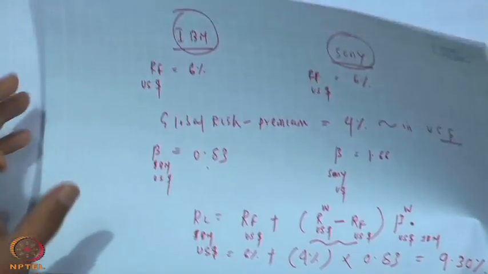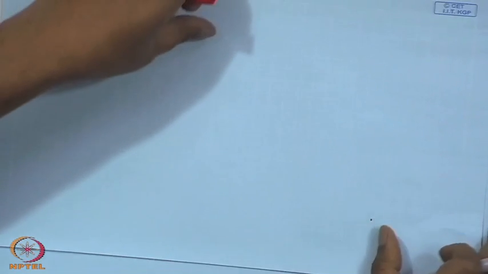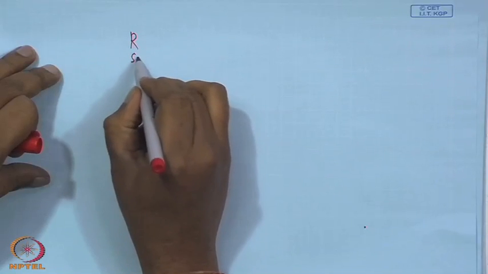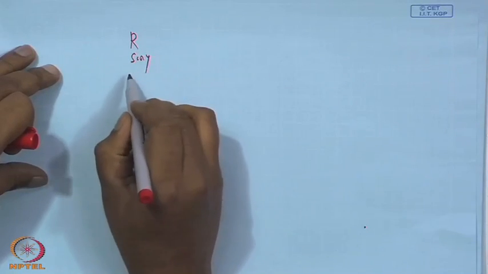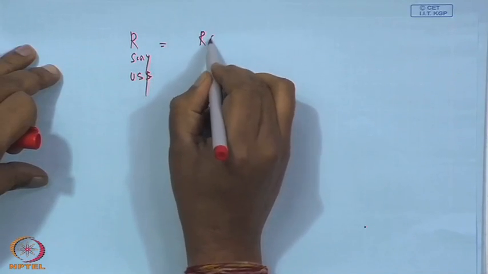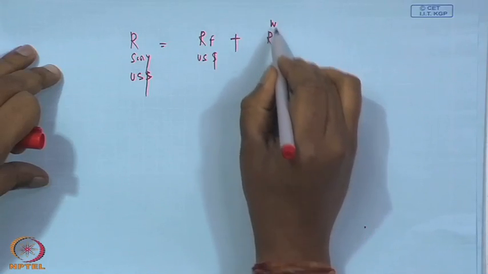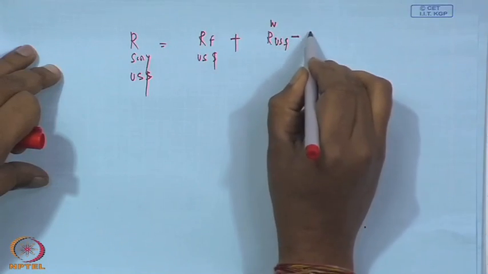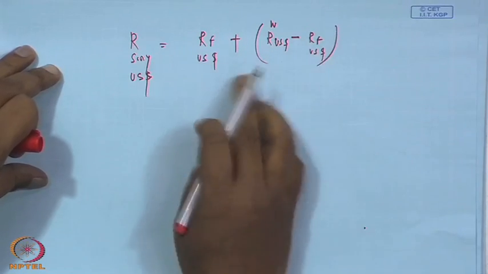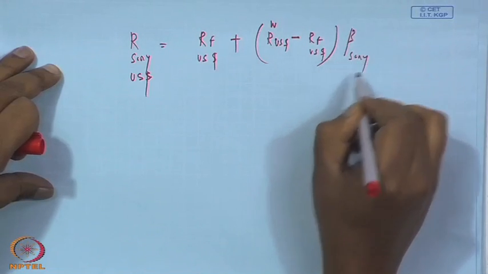Similarly, you can calculate the Sony case. The same formula is used: the equity return of Sony in US dollar will be the risk free interest rate in US dollar plus the risk premium, and we also need the beta of Sony in US dollar.